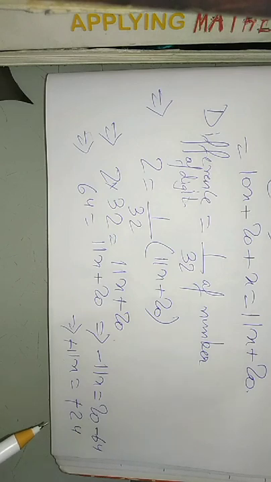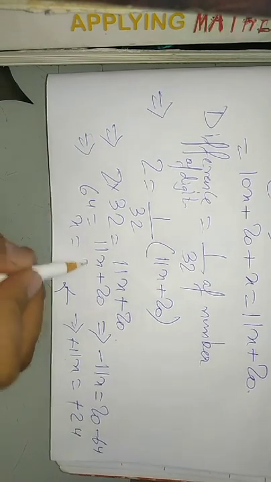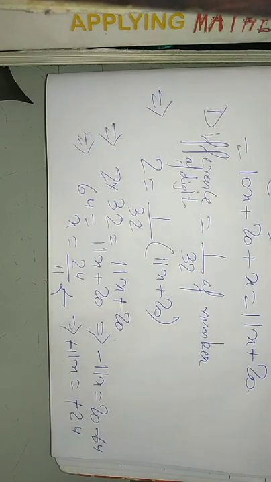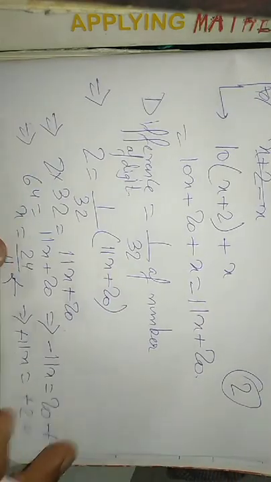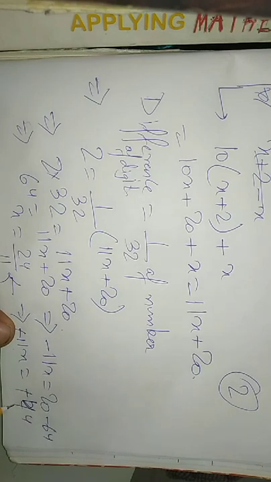Now I just need to know the value. X is equal to 24 by 11. Students, again there is a small mistake. 20 minus 64 is minus 44 and not 24.